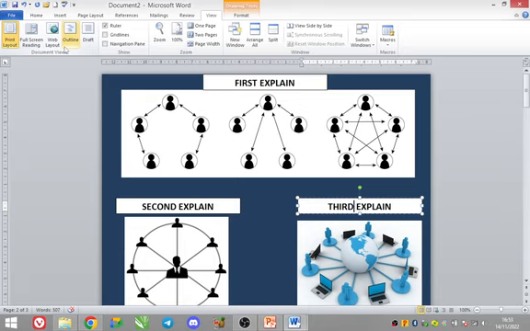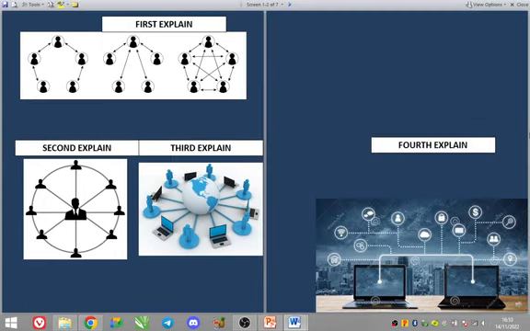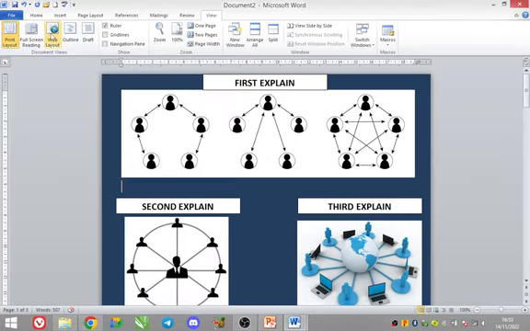Okay, so let me zoom this. Sorry. Okay, so now this is actually our on-chain metrics. Just give me a few minutes.